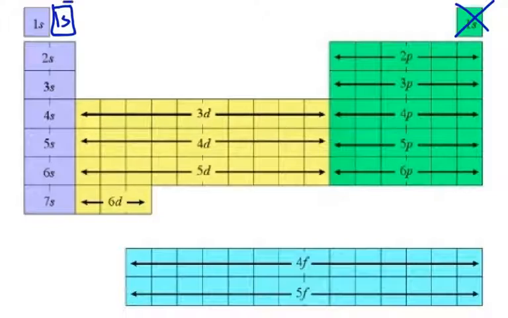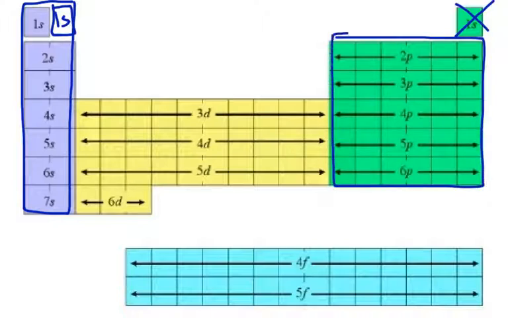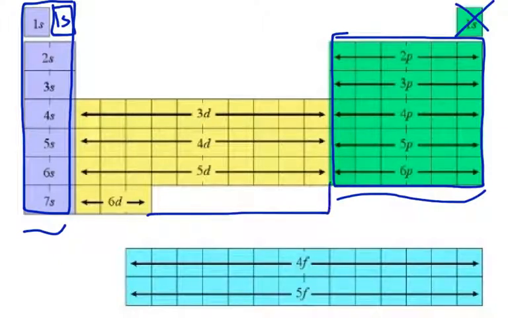So you'll notice that the first 2 columns, this tower here, is what we'll call the S block. And then over here we have this nice square block called the P block, and you'll notice that there are 6 electrons across that. 2 across the S and 6 across the P. And then in the middle section, we can extend this out and put another section here.